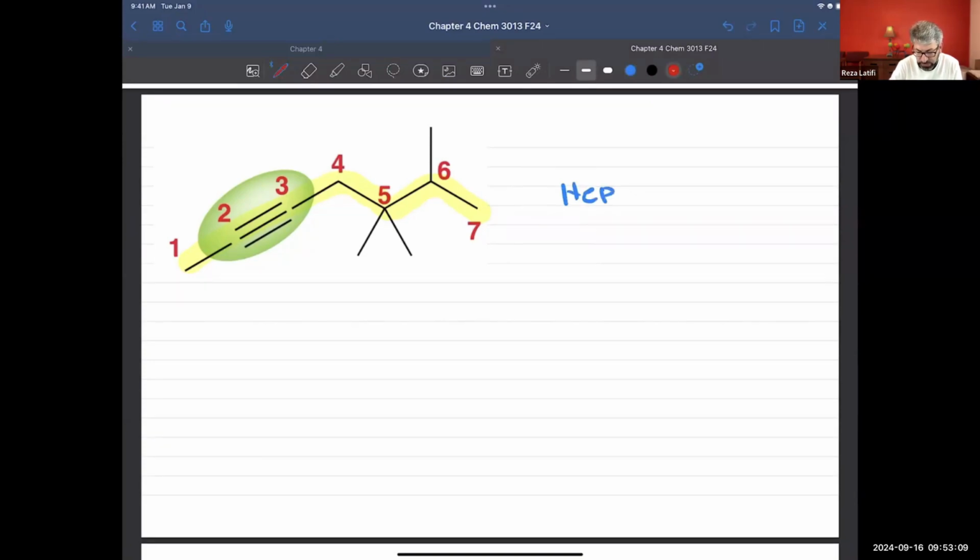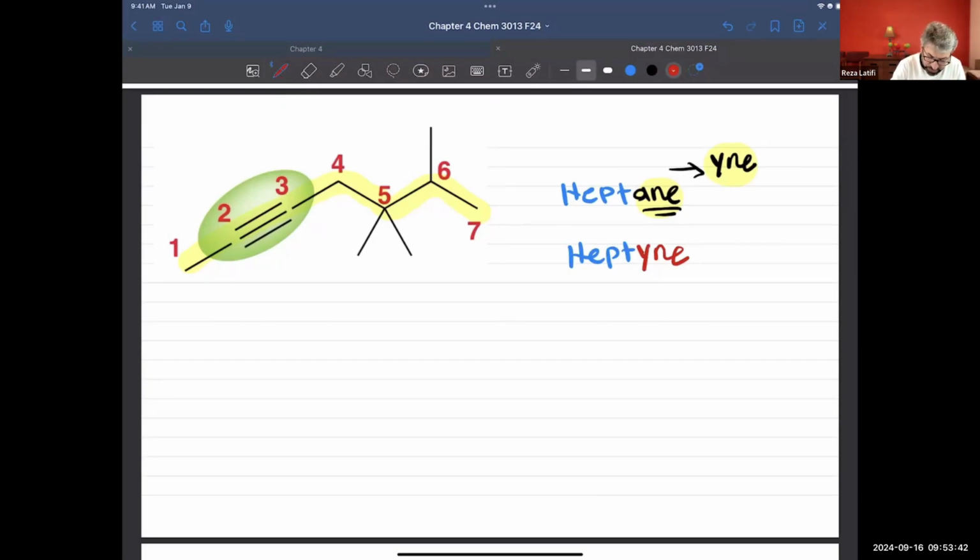I'm supposed to say heptane for a saturated compound. Now we're going to replace ANE by YNE. And this is going to turn to heptyne. So now I know the name for the main chain, or the parent chain.